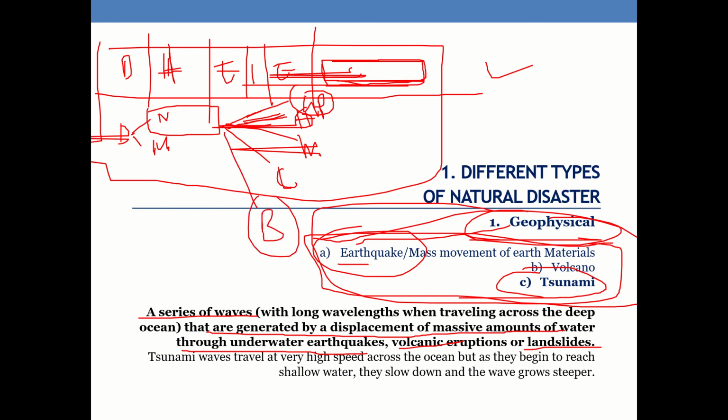Under geophysical disaster, we will see earthquake, and we will learn how we understand it, what are the key terms that we should know about earthquake, how we design buildings for that, and what are the codal provisions in NBC and other related case studies. That's the first thing. The second thing is hydrological disaster. Under that we will see floods, different types of floods, what are the precautions, what are the guidelines on floods, and so on and so forth.